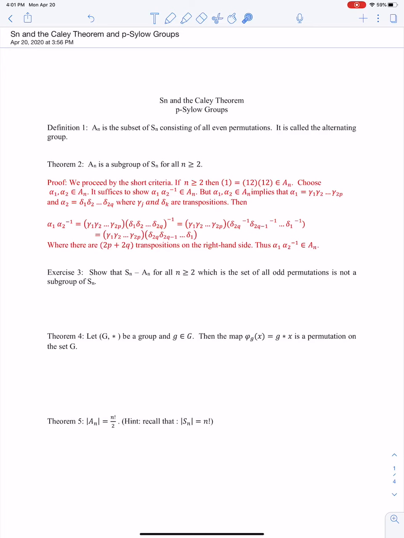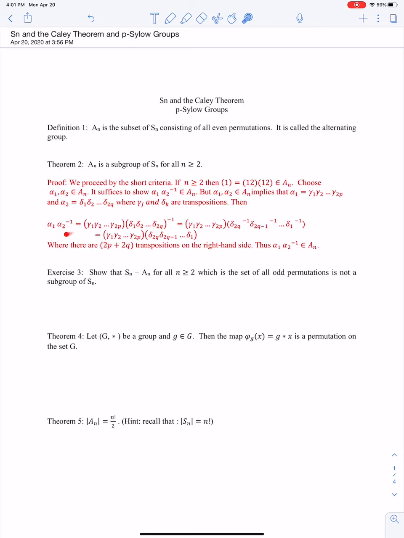So alpha 1 looks like gamma 1 times gamma 2 dot dot dot gamma 2p, and I just call it 2p to remind you that that's even. By the same token, alpha 2 is a product delta 1 through delta 2q, where each of the deltas are also transpositions.